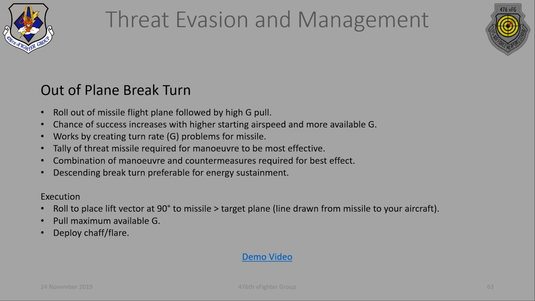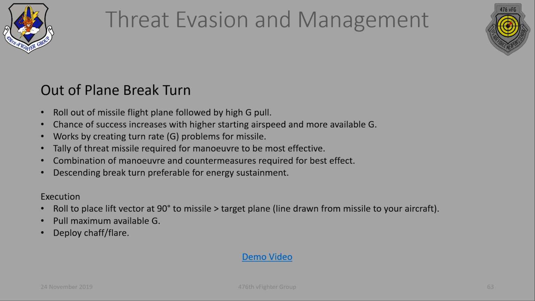Outplane brake turn is basically a roll out of the missile plane of flight followed by a high G pull. Most easy manoeuvre you'll see, even in the A10, pretty easy to perform. It is an energy bleeding manoeuvre, as are all defensive manoeuvres really. So especially in the hog, you're going to be very low on energy when you do it.